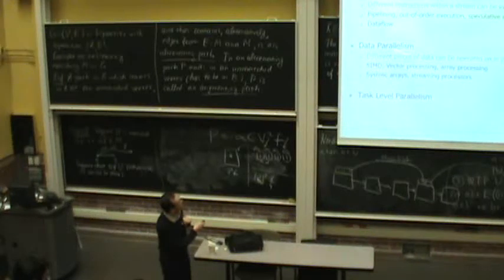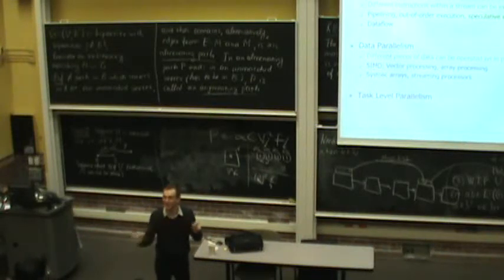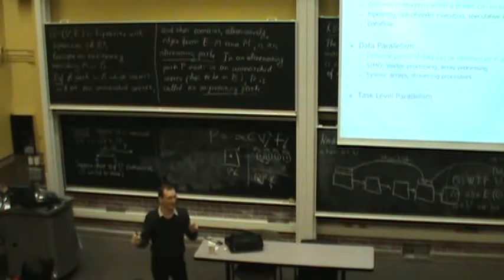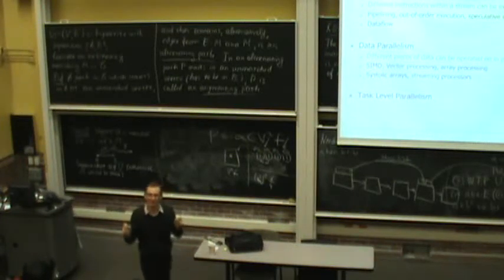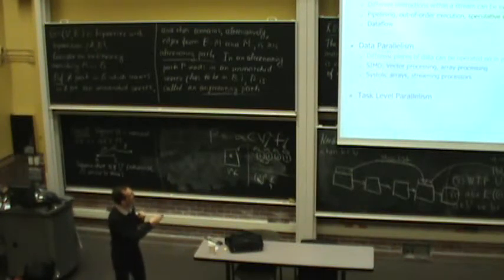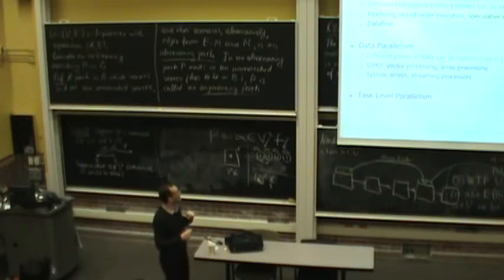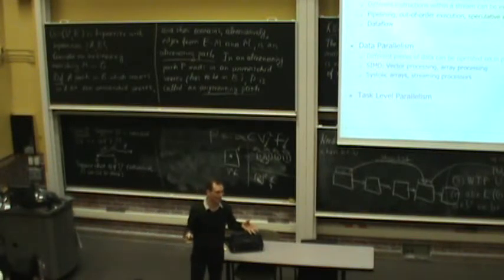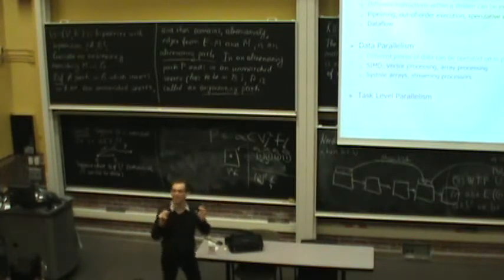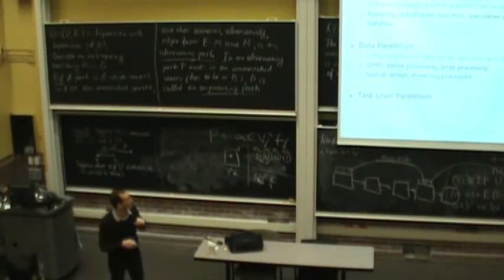In a sense, data parallelism is really nothing different from instruction level parallelism, because you're executing different operations in parallel on different data. It's really operation level parallelism, both of them. Except in SIMD, you're taking advantage of the fact that all of the operations are the same. It's a very efficient method of exploiting instruction level parallelism.